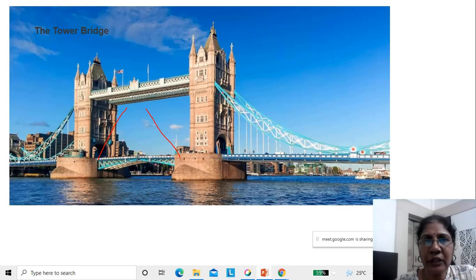This kind of a structure is called as suspension structure, where these are the suspension cables. Okay, these are the suspension cables, and from here these suspenders are further suspending to hold the bridge. You can see that there is no support from beneath the bridge.